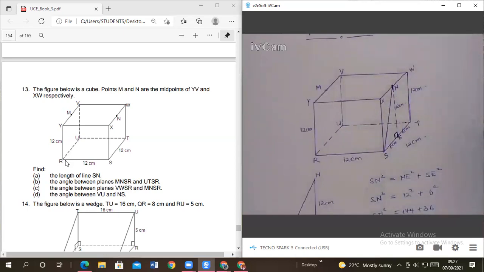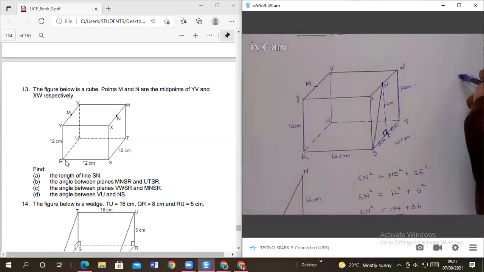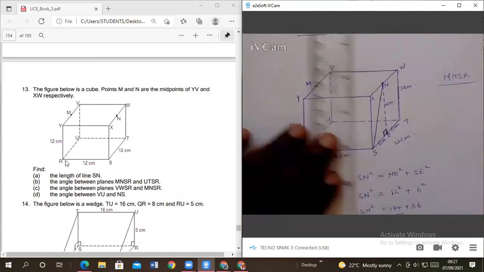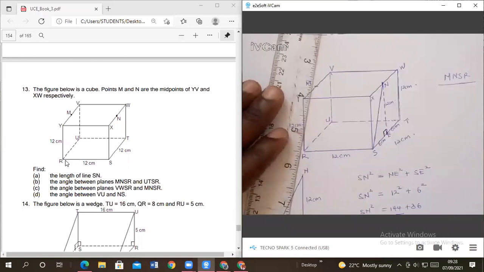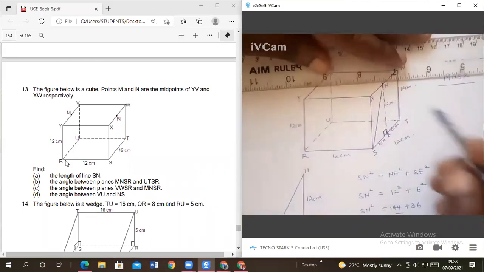So what we are going to do is we must first draw the plane MNSR. That's the first plane. So I'm drawing the plane MNSR. So MN, M to N.